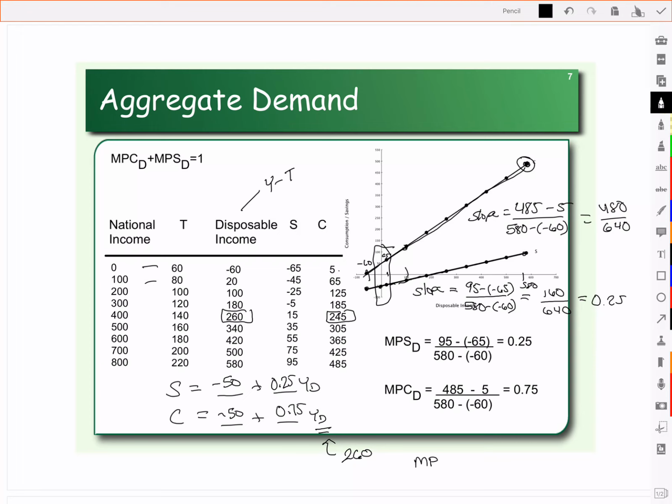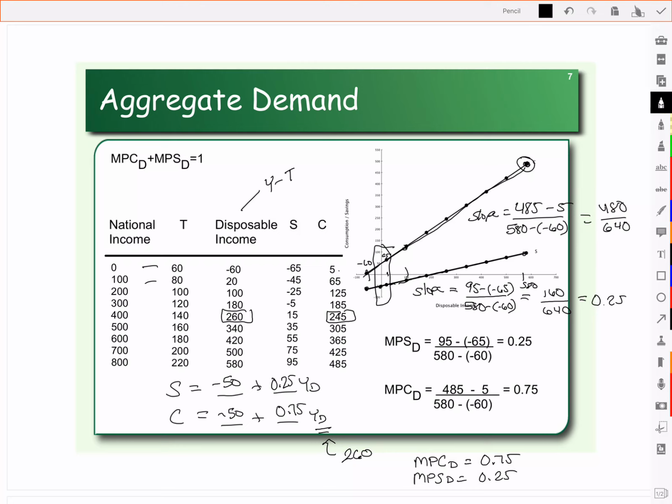So the marginal propensity to consume of disposable income is 0.75. For every dollar of disposable income, we're going to spend 0.75. And the marginal propensity to save of disposable income is 0.25. For every dollar of disposable income, we're going to save 25 cents.